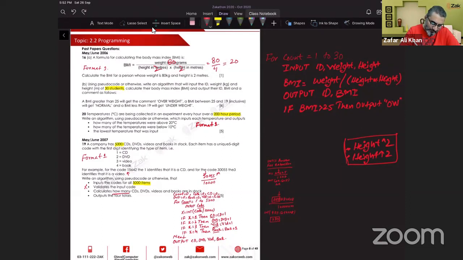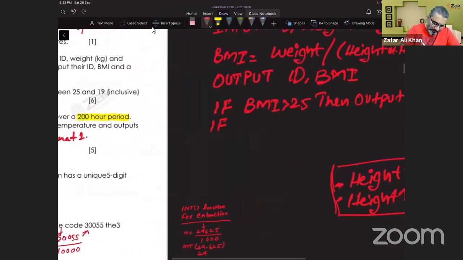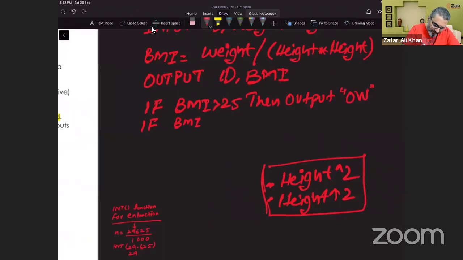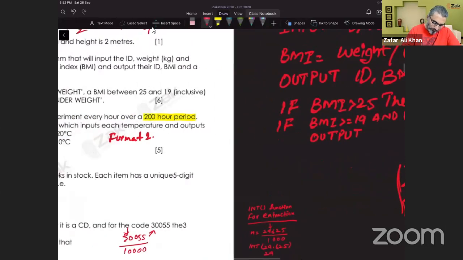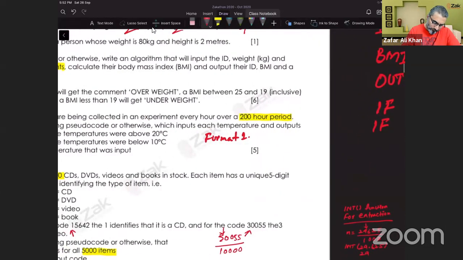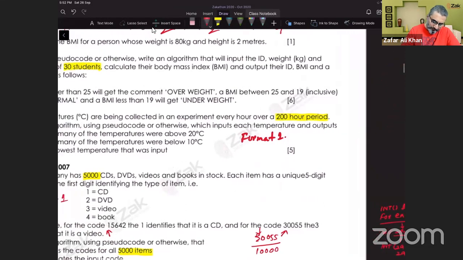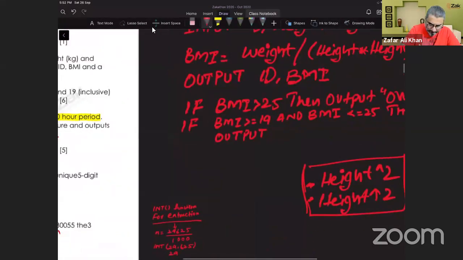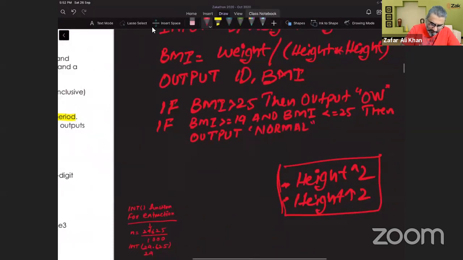A BMI between 25 and 19 inclusive. So if BMI is greater than or equal to 19 and BMI is less than or equal to 25, then output normal. Since you have now two lines, so we will have to put and if.